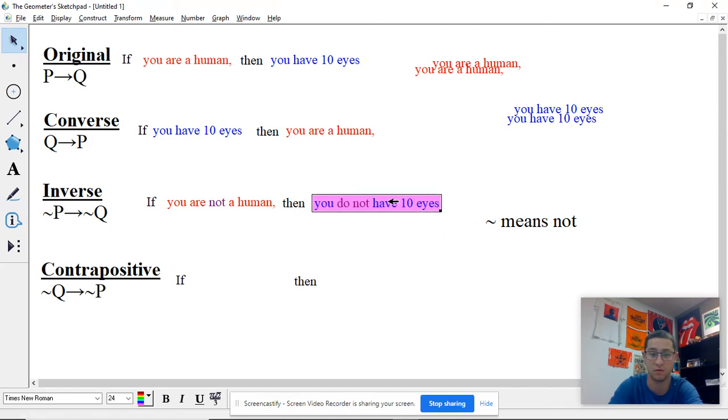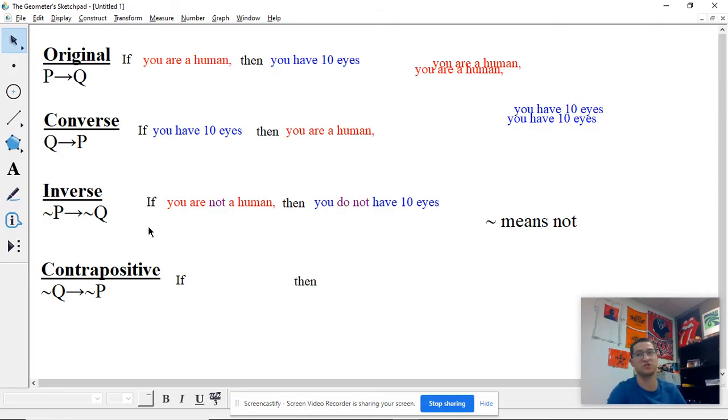All right, so there we have it. There's our sentence. Now, whether or not it's true doesn't matter. It does not matter if that's a true or false statement. It's still the inverse, because I'm still just rewriting that original statement.